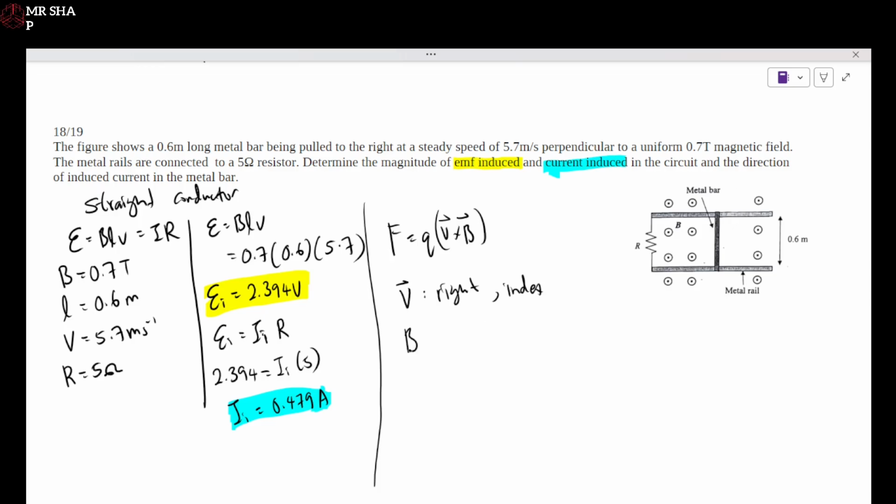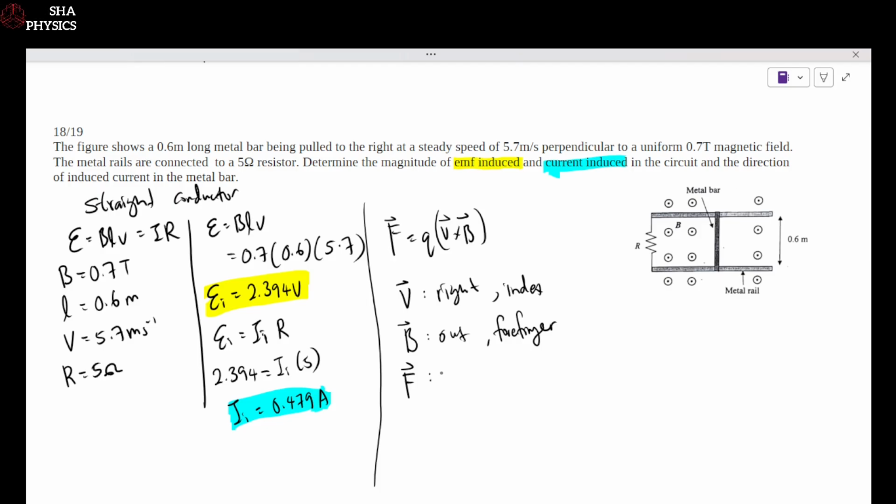And then my B is going to be out of the page, and this is going to be shown by my forefinger, and my F is going to be indicated by my thumb.